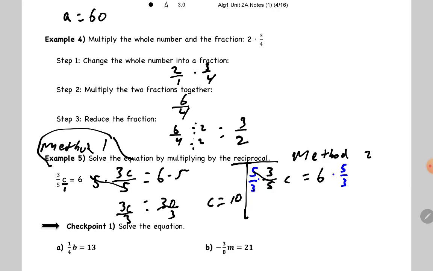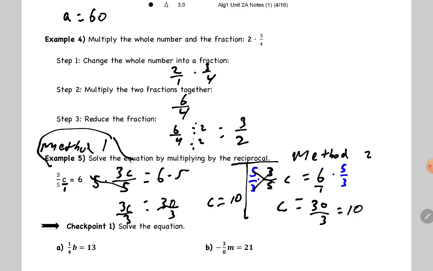So these will cancel out. I'm left with c. And then I have 6 over 1 times 5 over 3. So that's 30 over 3, which is 10. Okay? It's okay if you do method 1. I'll be happy with method 1. If you could do method 2, I'm happy with method 2.